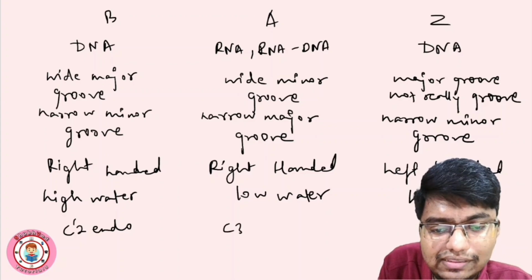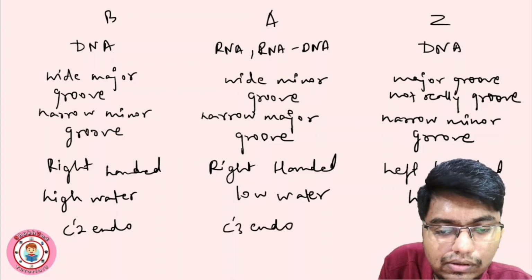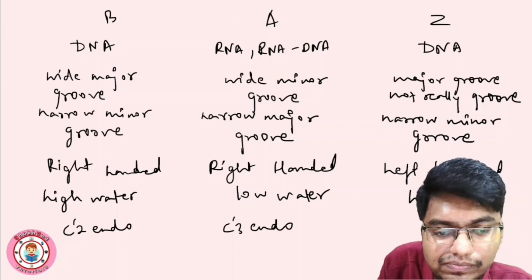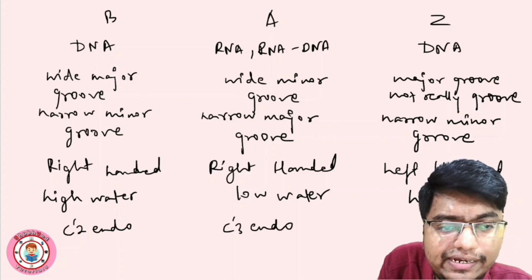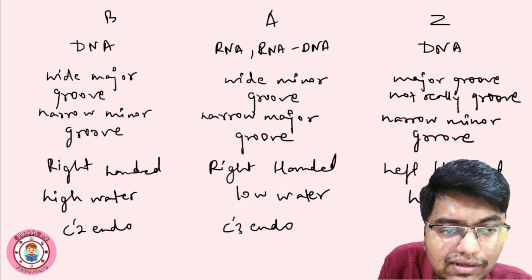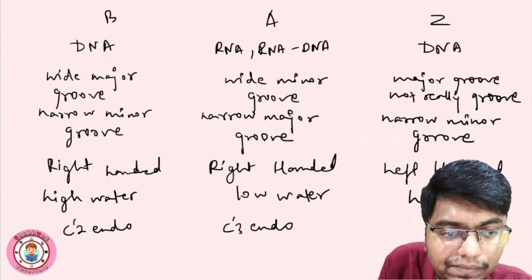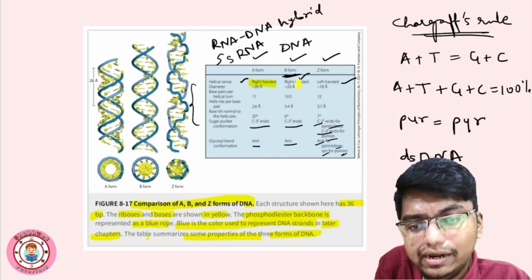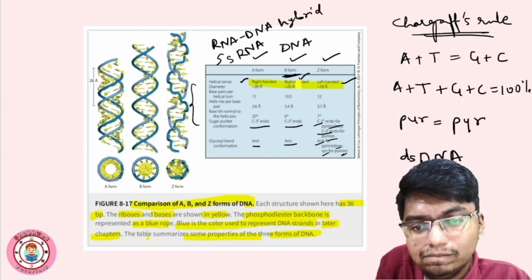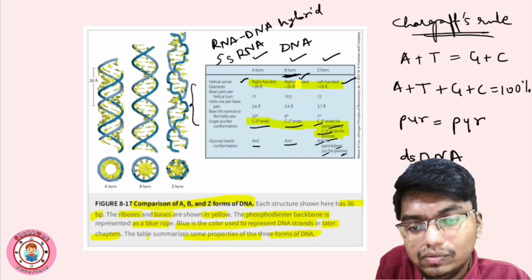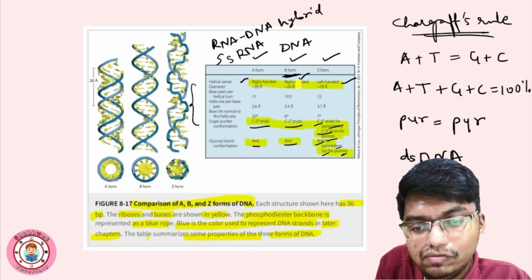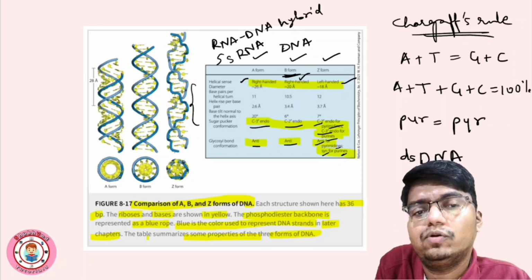Here it is C3 endo. Here it varies. I guess this is mentioned in that table also. You can see here, this is important. I will highlight right-handed, left-handed, this endo and this anti from this table. Important thing.